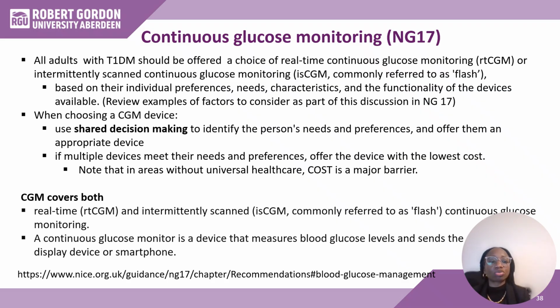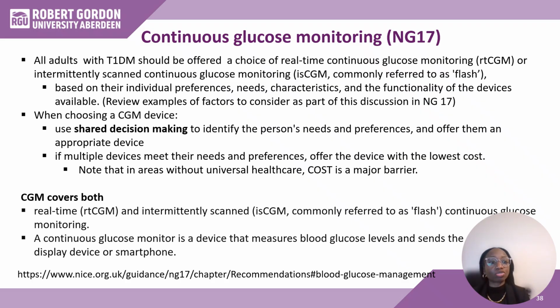Note that in areas without universal healthcare, cost is a major barrier. I've included this here because I know in the UK, we are under the NHS and the NHS does cover this, but in my previous practice in Canada, these were not covered. It's not universal healthcare, and it depended on what you could afford for you to be able to get the therapy that you need.